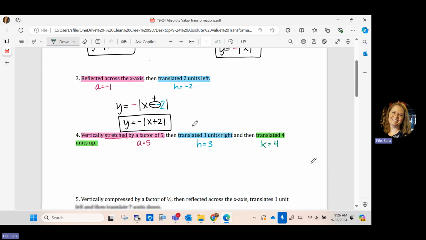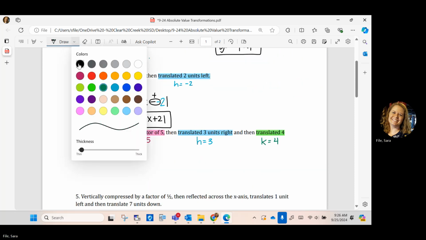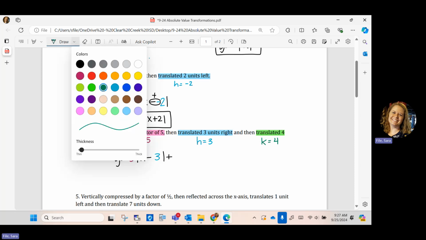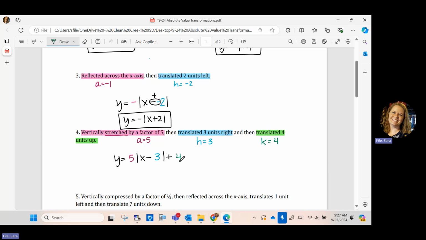So now when I go to plug those in, my a value, we said it's 5. My h value is 3. And my k value is 4. And I don't have minus a negative or anything that I need to change, so that's it.